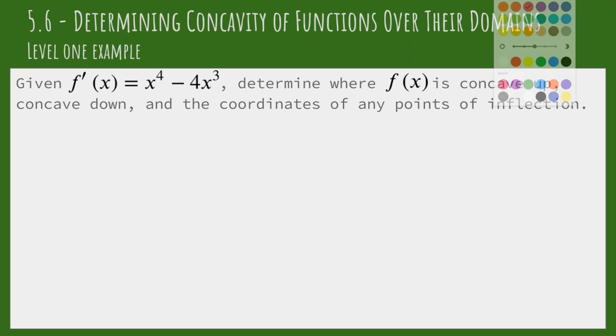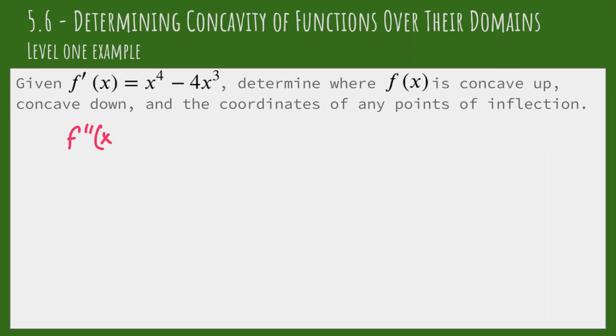So remember, concave up is where the second derivative is positive, concave down, second derivative negative, points of inflection where the concavity changes. So I'm going to start the same way I started the last one, by finding the second derivative. But this is just one step here. So to get the second derivative, we're just going to take the derivative of the derivative.